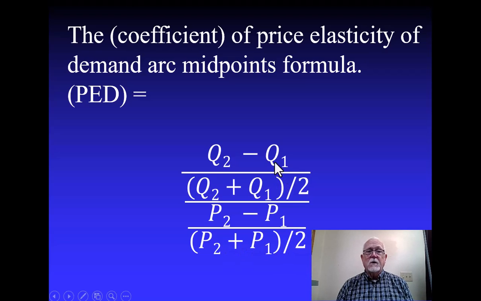So to calculate the percent change, we're going to take the difference in the quantities divided by the average of the quantities, and that all divided by the difference in the prices divided by the average of the prices. So if you think about the mathematics involved, you're dividing fractions.